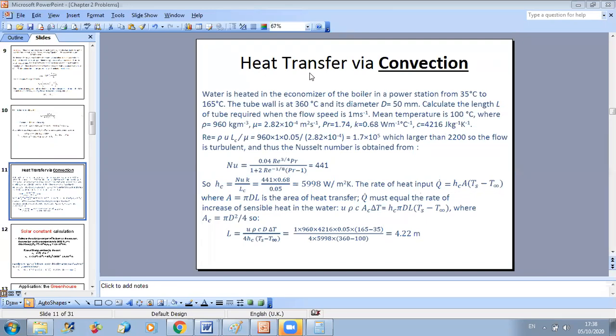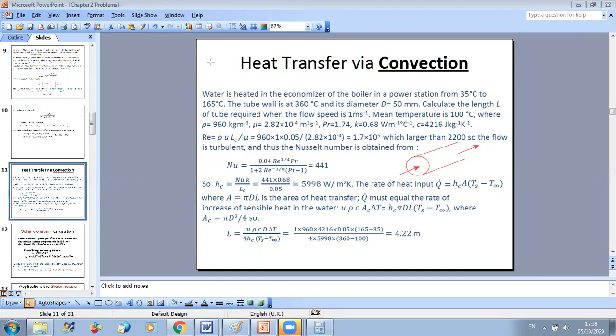Okay. So first we will draw a small sketch about what is happening here. We have a tube where water is passing through this tube to be heated. So this is our tube. What we know is that when water is passing through the tube, initially it's entering at a temperature of 35 degrees, and we want it to leave at 165 degrees.